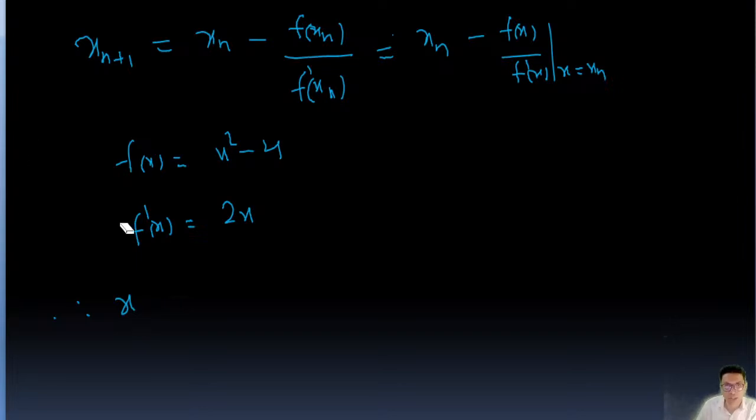We can write x1 as x naught minus f(x) upon f dash x at x equal to x naught, right? x0 is given, guys, since x0 is the initial guess.